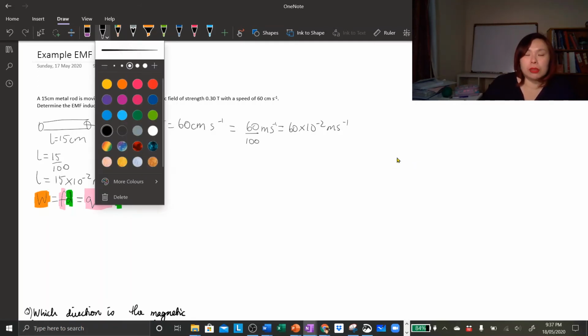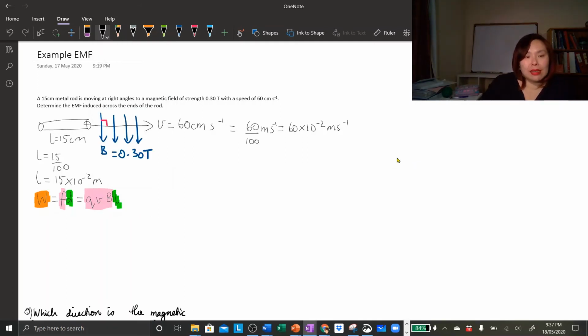Now let's keep going. We know that the EMF induced, the electromotive force, is given by the work to move the electric charge or electrons divided by the charge of the particles. Now, we're going to substitute our work equation in.